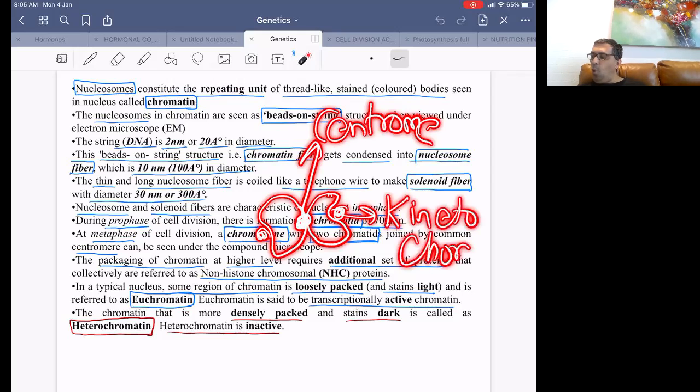The centromere and kinetochores are made up of proteins which are called non-histone chromosomal proteins.